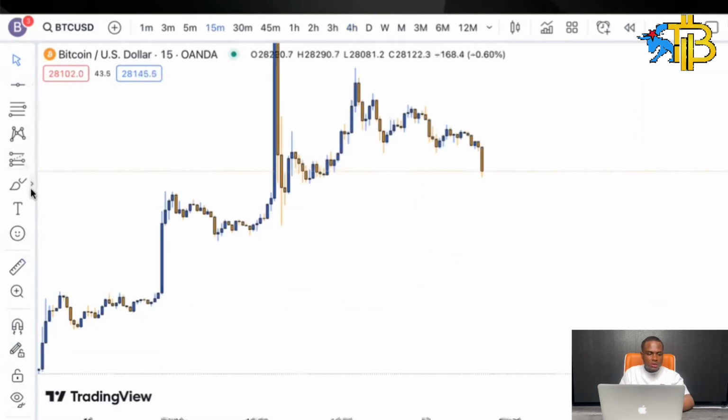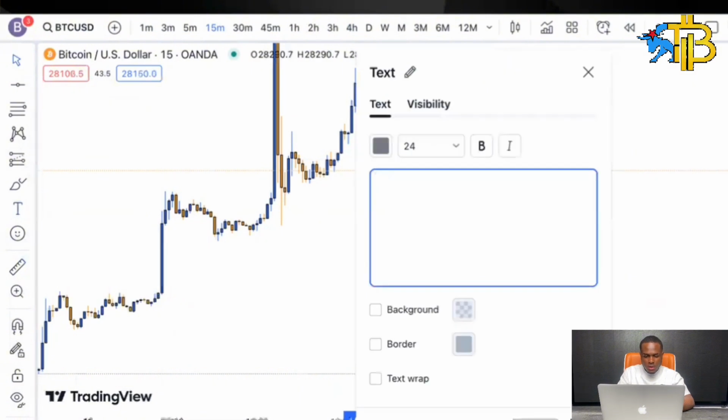So there are two types of psychological levels here. I'll write it down on the screen. One, you have to know there is a main psychological level. And two is the sub-psychological level.